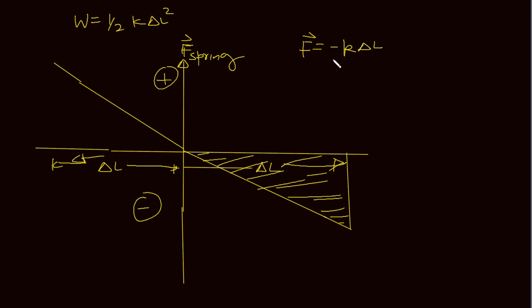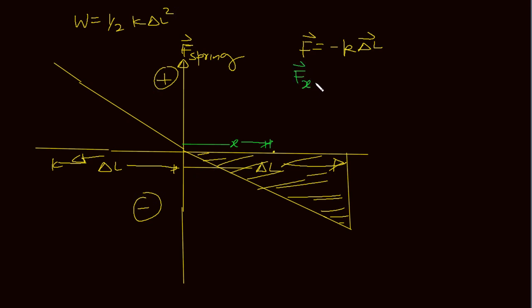Now Hooke's law is minus K delta L. Suppose you choose a point, let me use a different color. You are at a point X. What will be the force at this point?